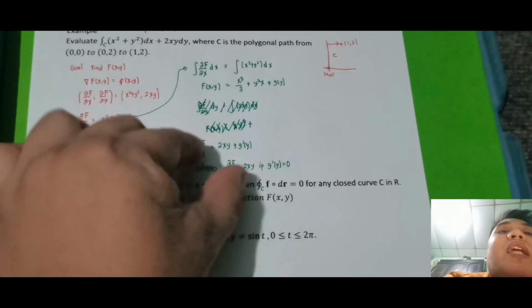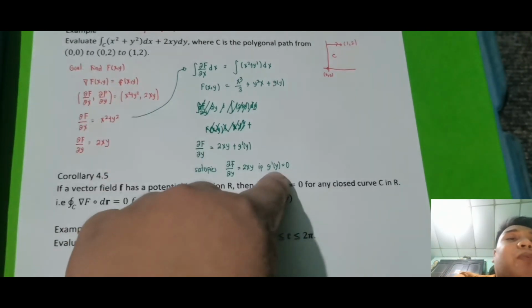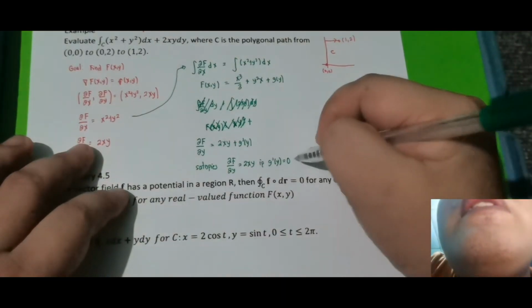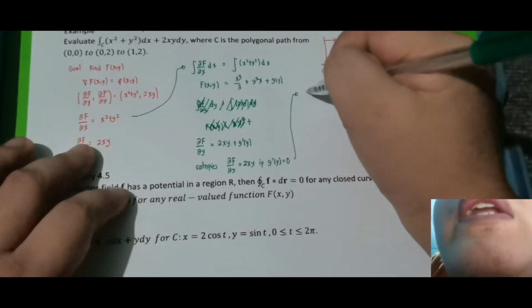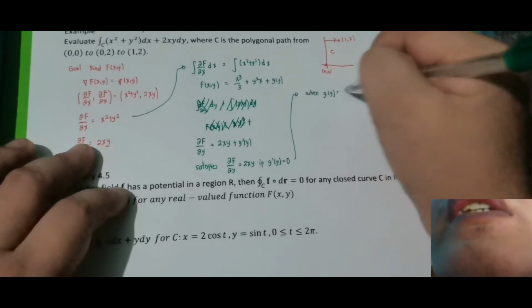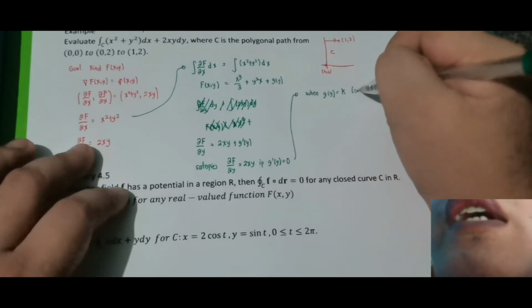So magiging equal sila, ibig sabihin nun pag yung g prime of y is equal to 0. Kailan magiging g prime of y is equal to 0? That is when g of y is just equal to k, which is a constant.